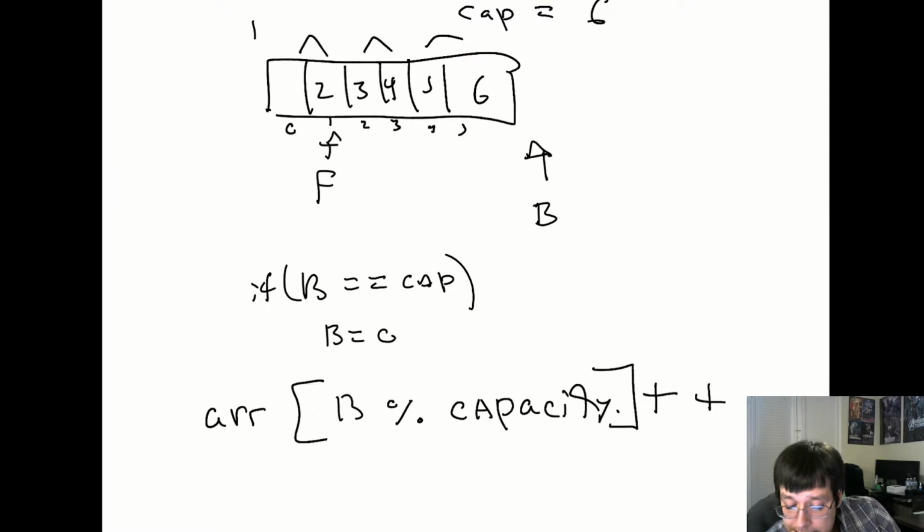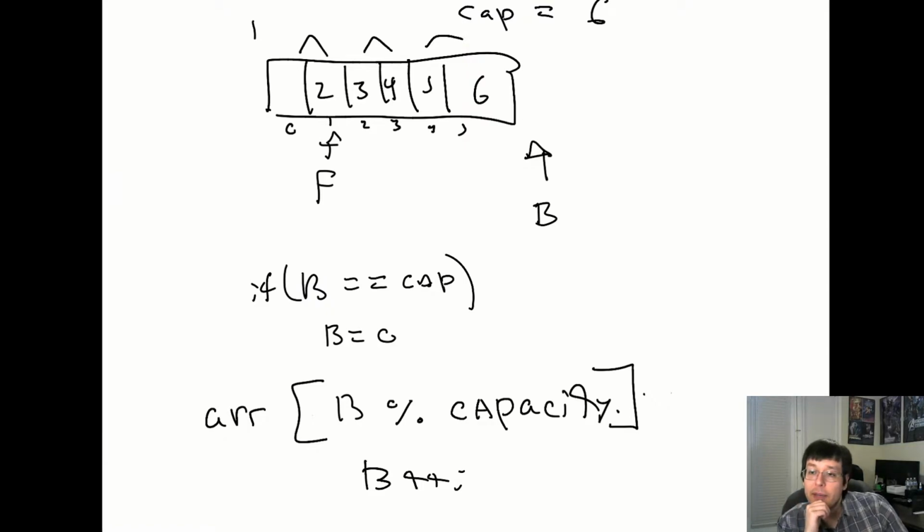I don't think that's legal. I think it's going to yell at me if I do that. If it does yell at me, then that's okay, because then you can just do b++ afterwards. I feel like that'll yell at me because b mod capacity is not a variable, and I think the post increment requires it to be a variable. So yeah, that'll work though.